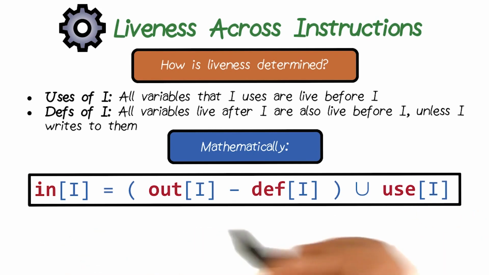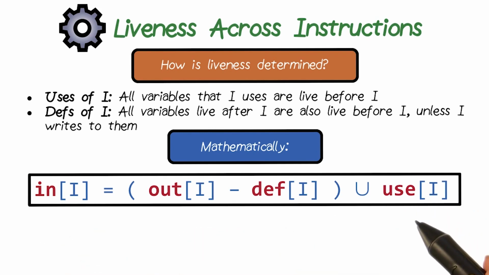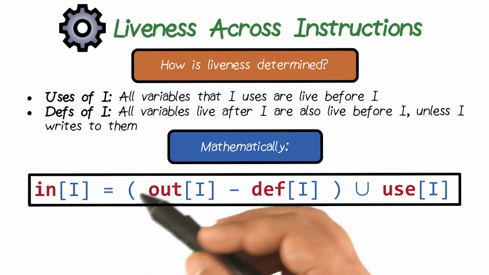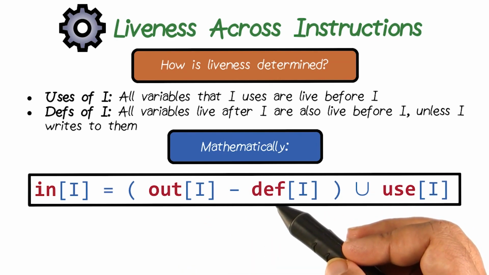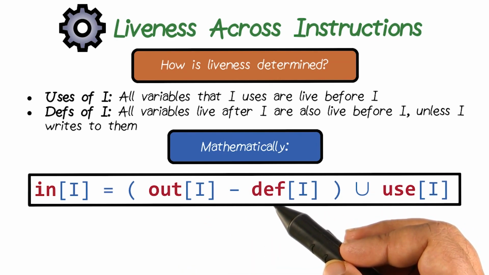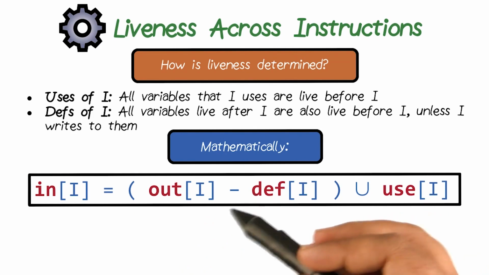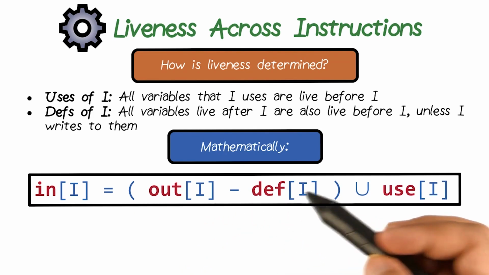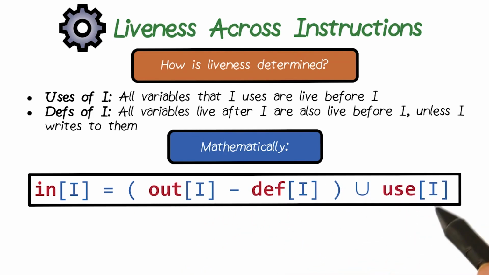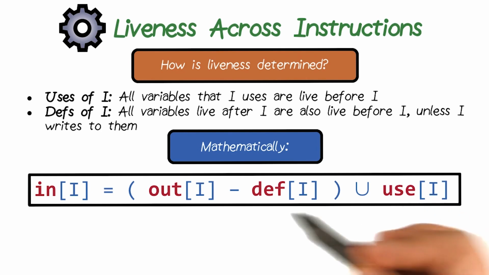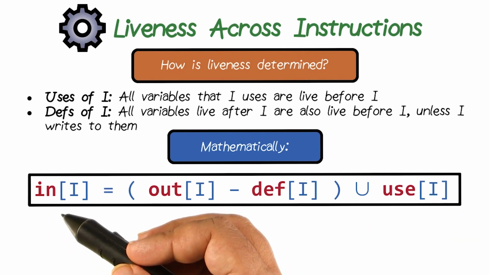So that's the equation. In of I is equal to out of I minus def of I. So we are taking out the ones which are defined in the instruction, which have L value in that instruction. We take those out, they no longer remain live. And the ones which are used in that instruction on the right hand side, or R values, are added through the use of I, and those are the ones which are live at the beginning of the instruction.